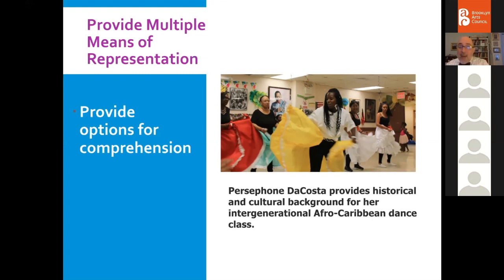But she's also building a context and building comprehension for all the students in the class, including those younger students who may have connections to the Caribbean but have never been there. So it's another way of building knowledge, connecting to understanding, and making the learning experience that much richer.